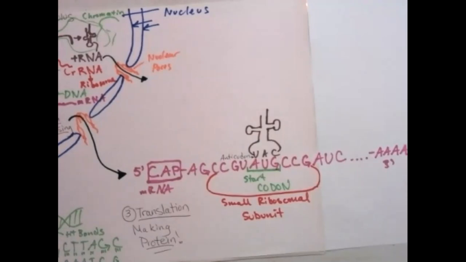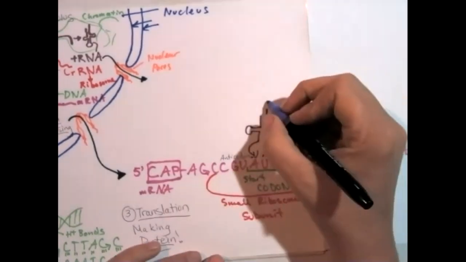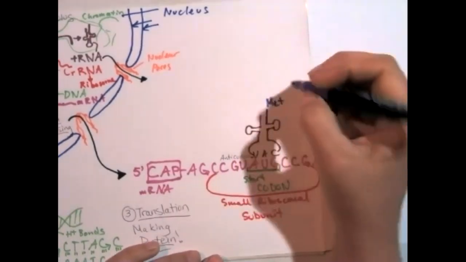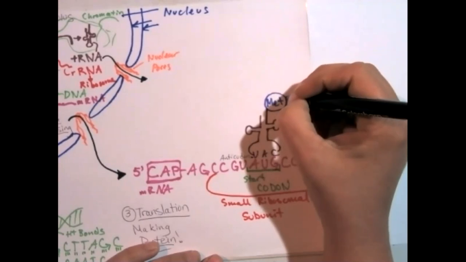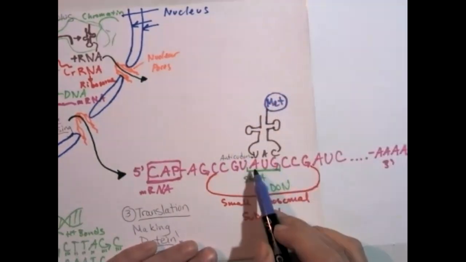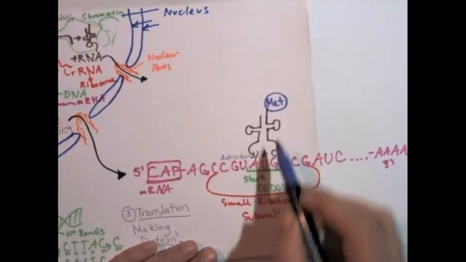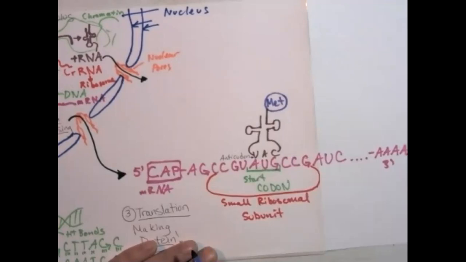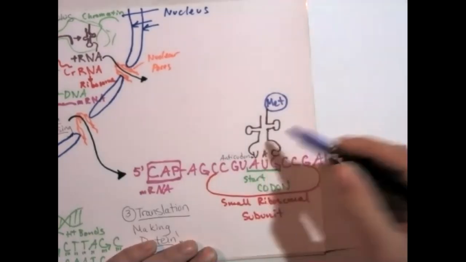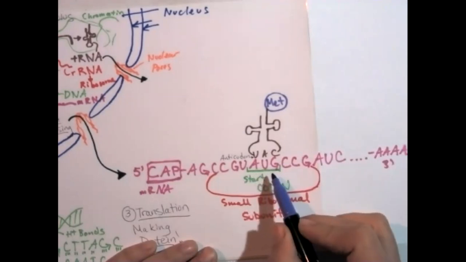Opposite to this anticodon, we have the amino acid. Now, if you look at that chart, which I'll bring up in just a moment again, AUG always codes for methionine, or MET. So this tRNA brings methionine because of this codon.